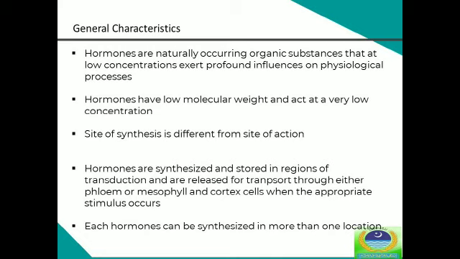Hormones have low molecular weight and act at very low concentrations, usually in micrograms or micromoles. Hormones are synthesized and stored in regions of production and are released for transport through either phloem or mesophyll and cortex cells when the appropriate stimulus occurs.